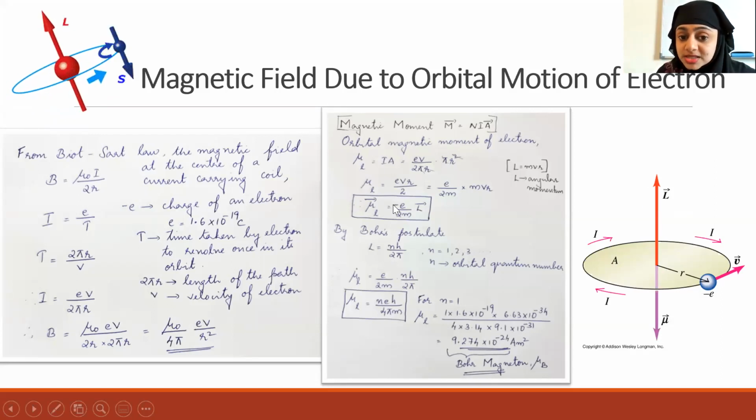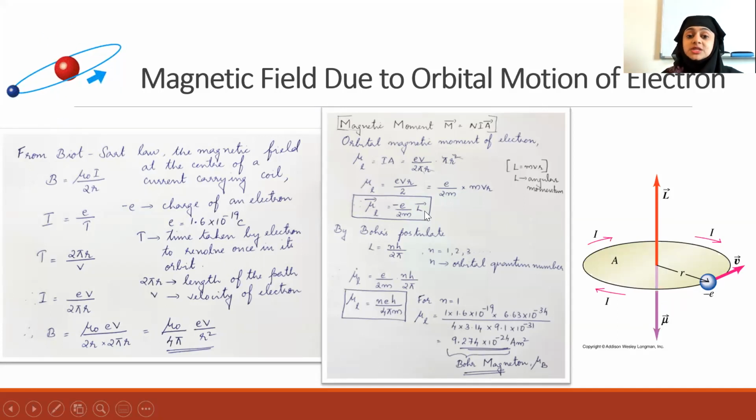And this minus sign in the expression shows that the orbital magnetic moment of an electron is always opposite to the direction of the angular momentum. See, if L is upwards, mu is downwards. So remember that the electron is negatively charged.